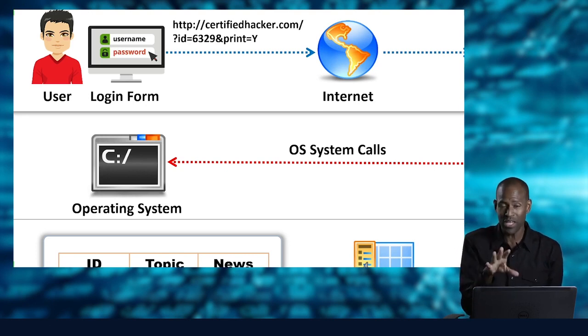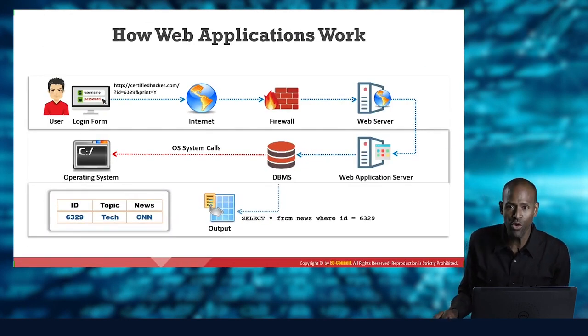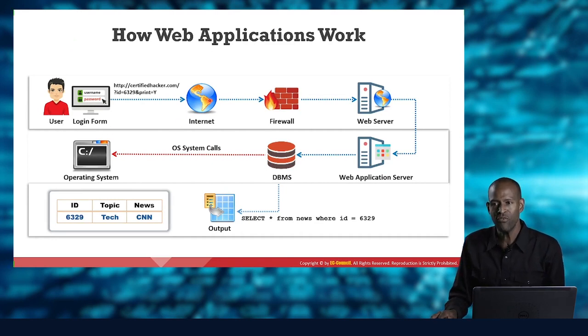right? So remember, everything's on your local system, but when you hit enter, it gets sent through the internet, through any firewalls, to the web server. The web server may then contact a web application server, and that web application server may say, hey, database server, there is an ID of 6329 that's specified.